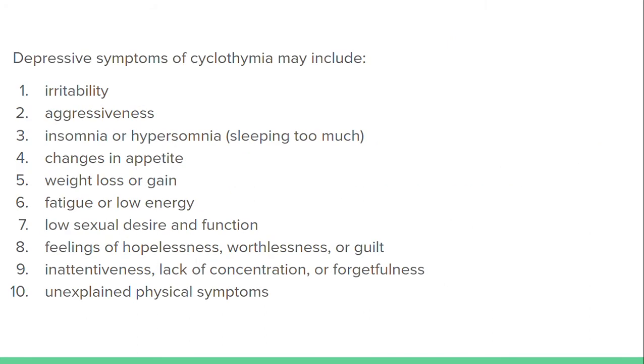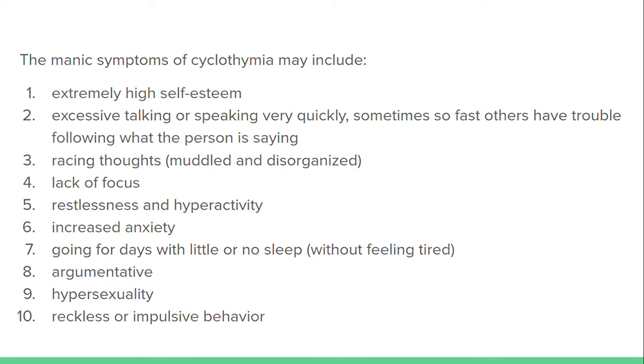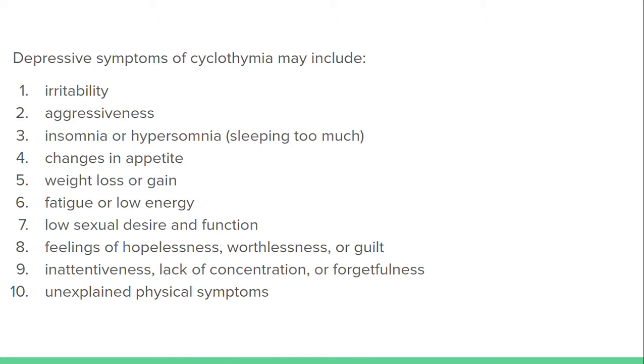Since cyclothymia is a mild form of disorder, a patient can easily transform into mood disorder 1 or mood disorder 2. So the patient who is suffering from this disease, hypomania, if not treated, can have the disease converted in two different ways.